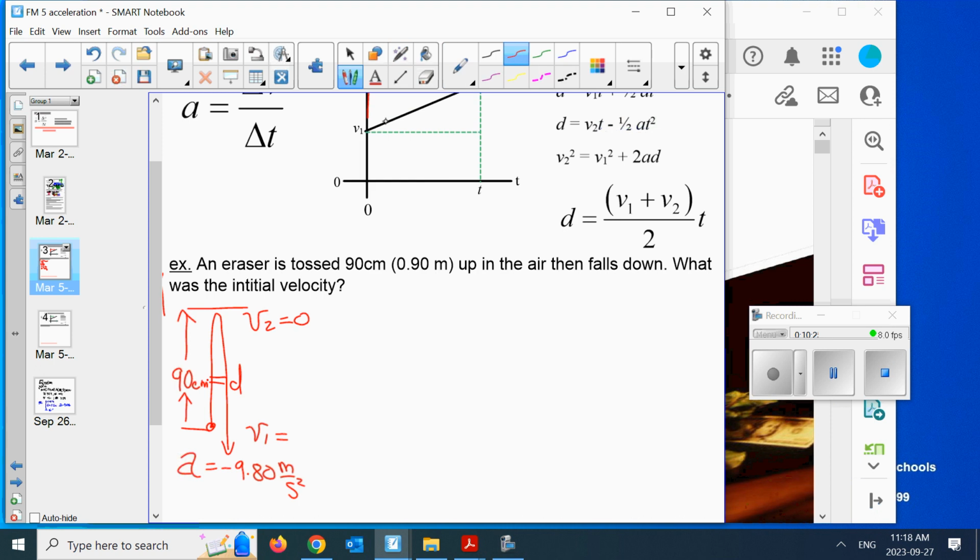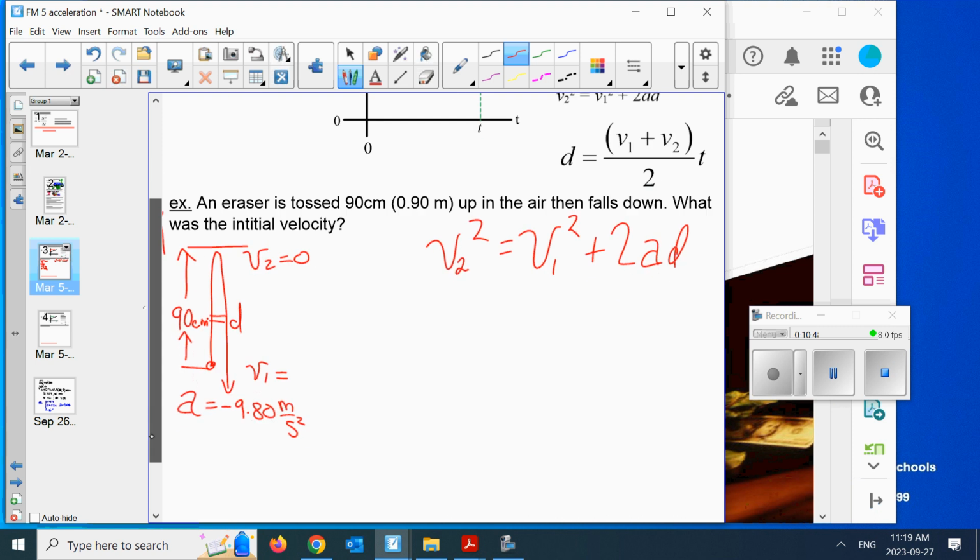So I'm going to list, oh no, it's not listed. Okay. So I'm going to go V2 squared equals V1 squared plus 2ad. This is the one formula that doesn't have time. Each formula is missing one of the variables, so it makes it easy to solve. Choose the right formula, and then the rest is easy.